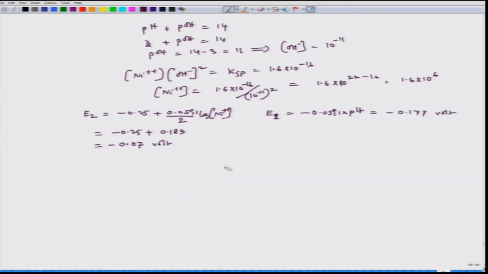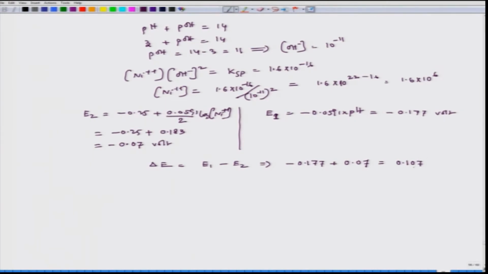Now, if I try to find out del E, which is equal to E1 minus E2, we can find out del E again, and then del E becomes 0.177 minus 0.07, which goes to 0.107.